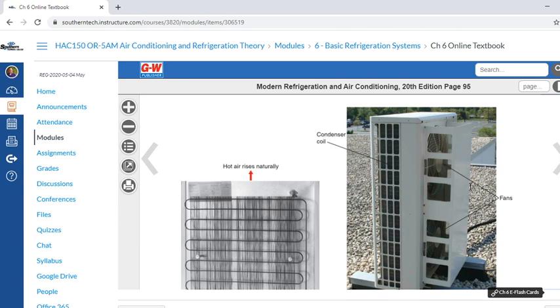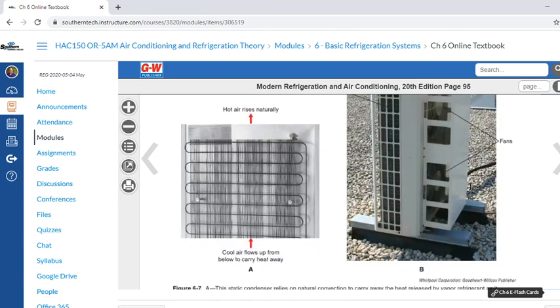On page 95, here we're looking at condensing coils. The coil on the left is a picture of one on the back of most refrigerators. Nowadays, you see them less on the back of the refrigerators. This is mainly an old type unit. Now they're underneath, and there's a fan that blows air. If you've ever had an animal and it's cold in the winter and the house is a little chilly, the animals sleep or lie down in front of the refrigerator because there's warm air coming out.